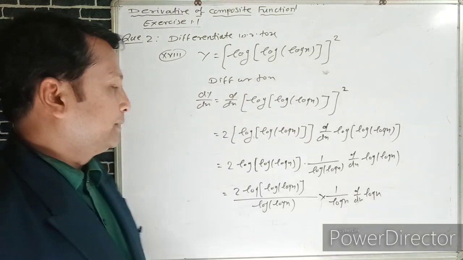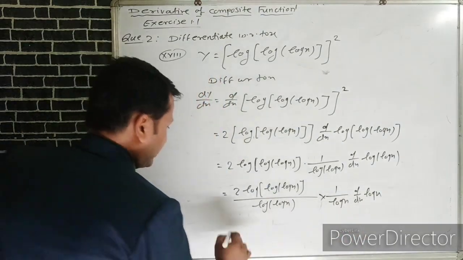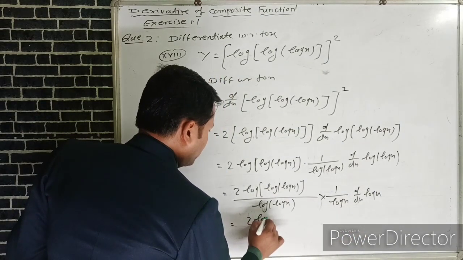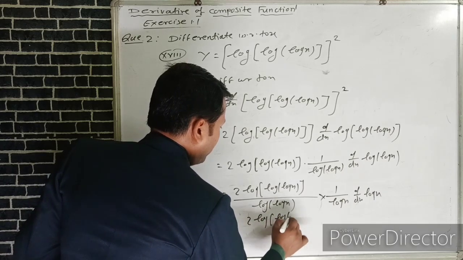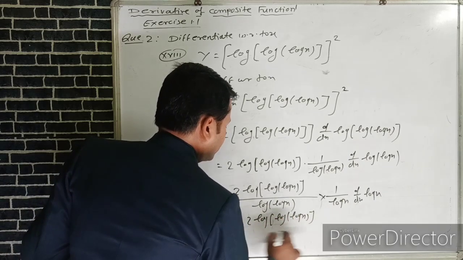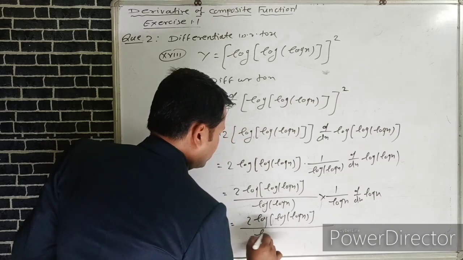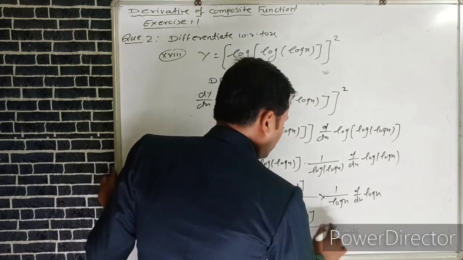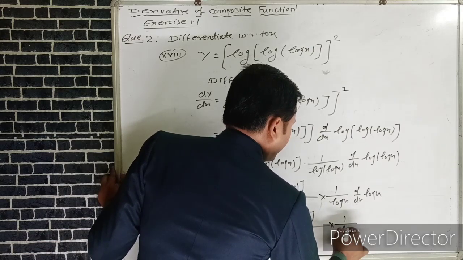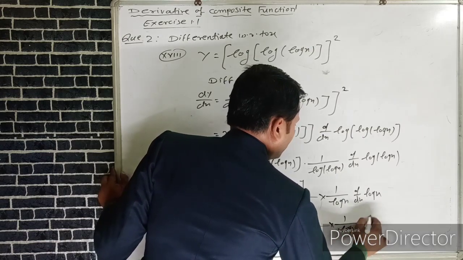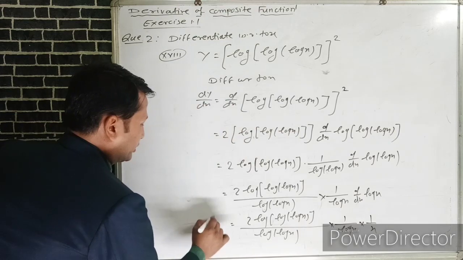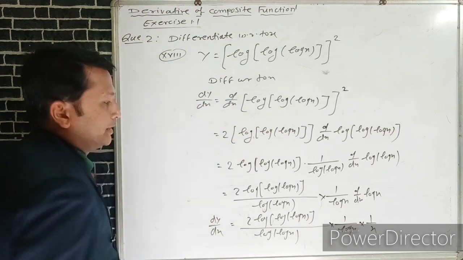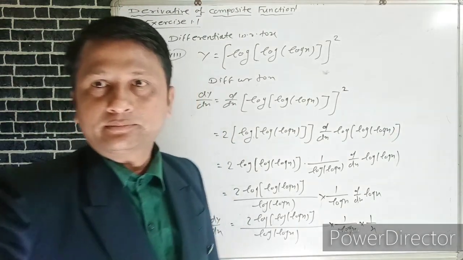We know that the derivative of log x is 1 by x. Hence we can write 2 log x upon log x into 1 upon log x into 1 by x, which is the required derivative of y, dy upon dx.